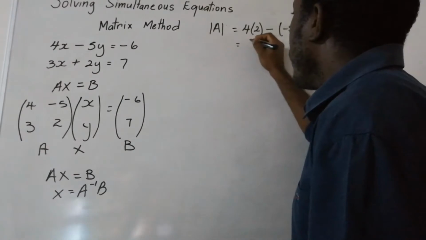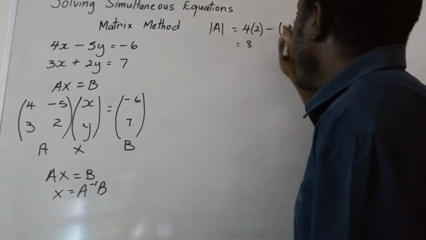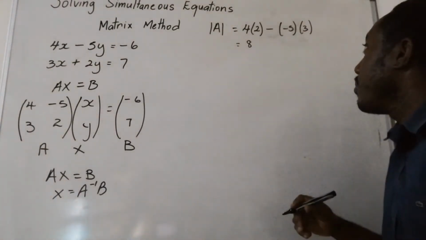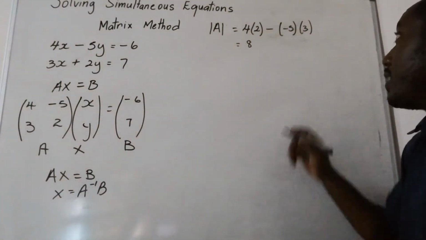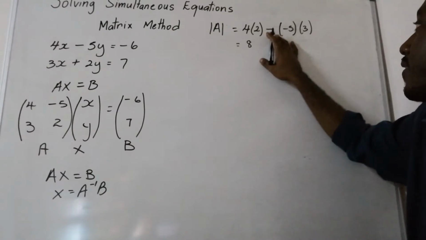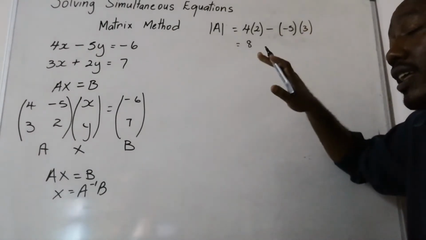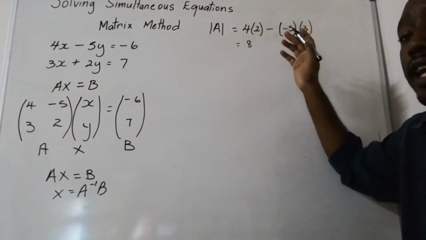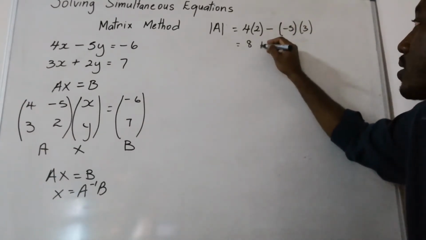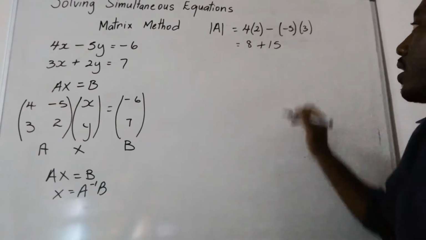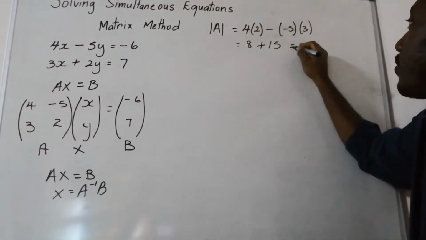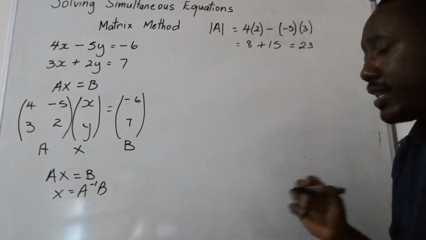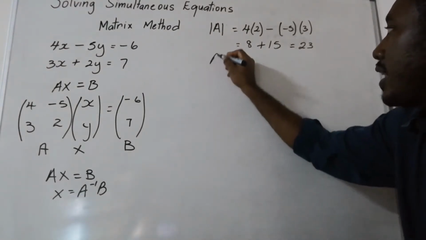So 4 times 2 gives us 8, minus 5 times 3, which is negative 15, and since we have a negative here, the negatives make a positive. So we will have 23. Our determinant is 23.